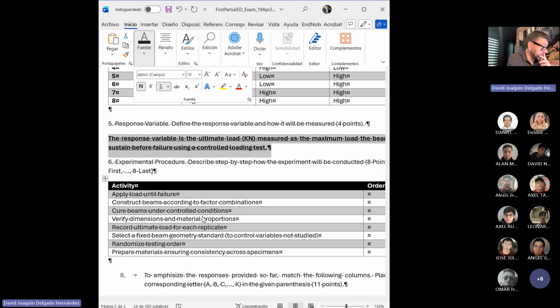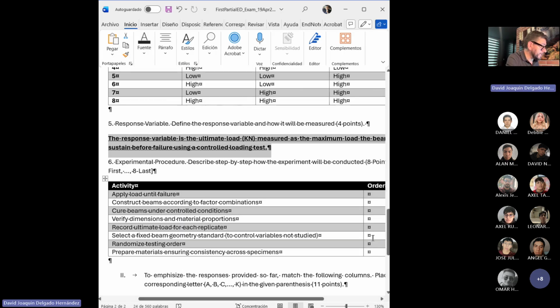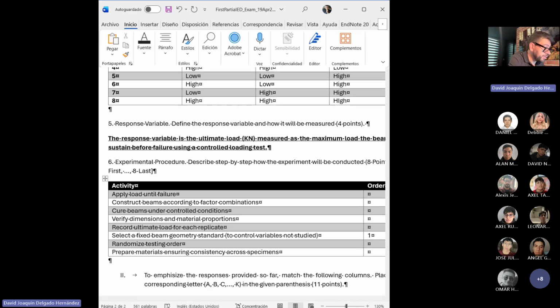So the first step is select a fixed beam geometry standard to control variables not studied. So that was the first step. The second is to prepare materials, ensuring consistency across specimens.